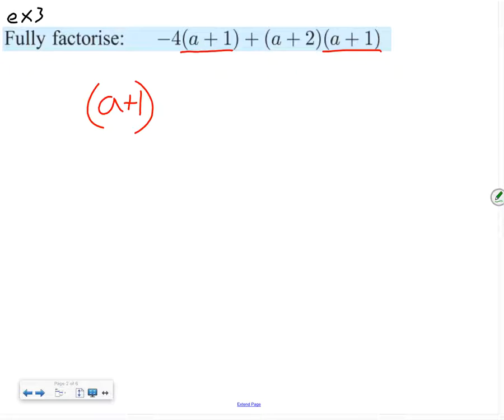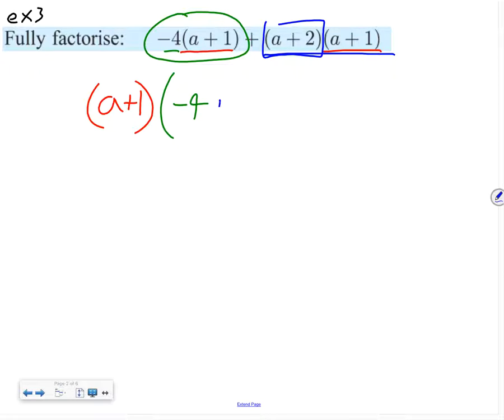With this first term, a plus 1 times what will give me that? Well, I just have to have a negative 4 there because I've already factored out that a plus 1. Now, a plus 1 times what is going to give me this term? Well, I need to have this piece here. So this is a plus 2 there.